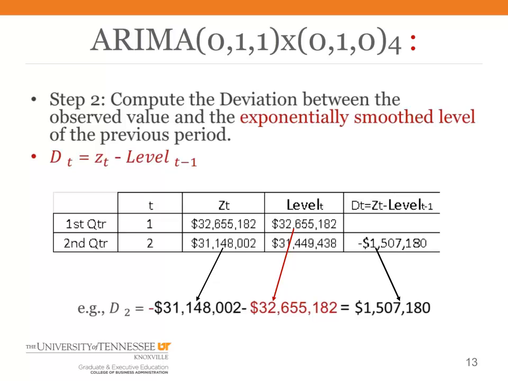In this case, those column 1 and 2 are the same in that first quarter because that's how the exponential smoothing got initialized. But the important thing to remember is what is in red there. You're going to use the discrepancy of the observed value from the previous quarter's estimated level using that exponential smoothing.